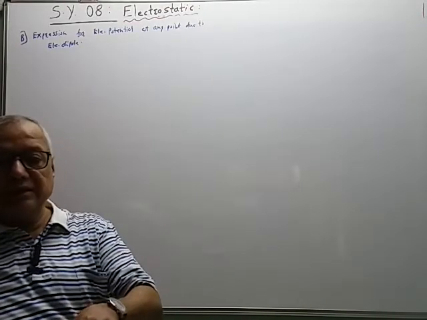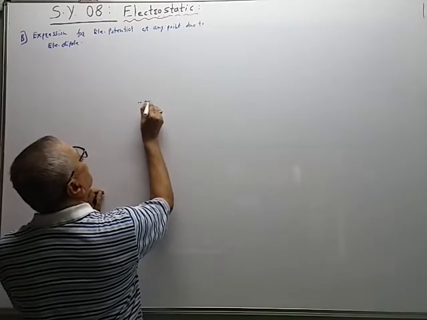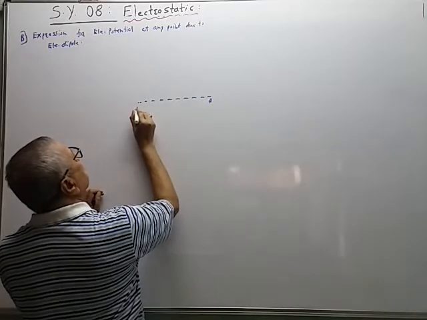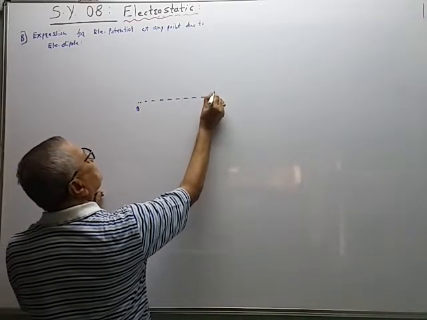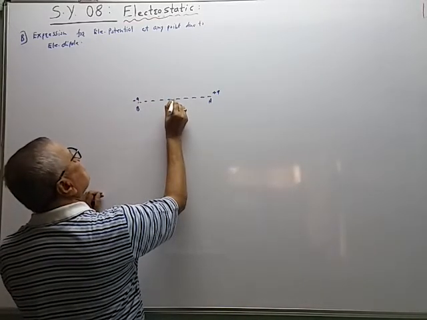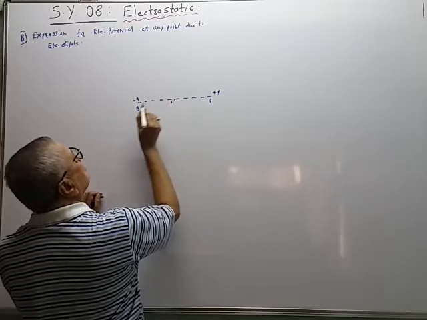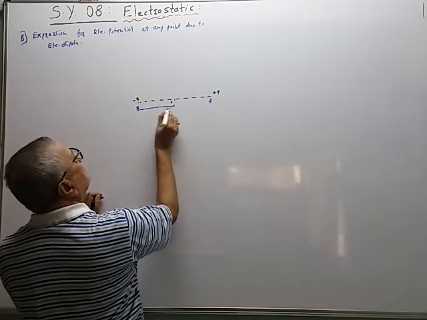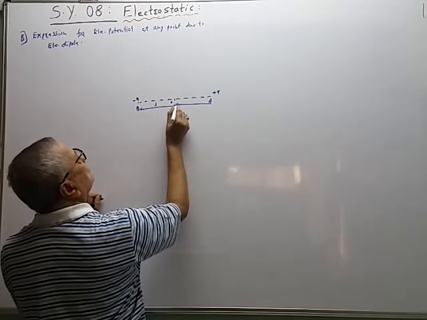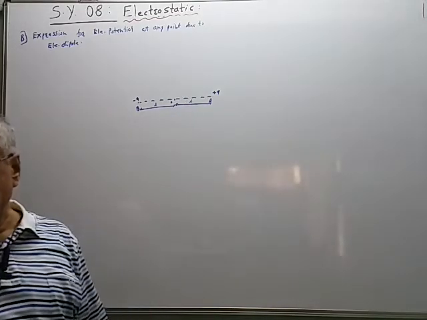So we are considering the dipole like this. Suppose this is point A, this is point B, this is charge plus Q, this is charge minus Q, this is center O. So this distance is L, this distance is also L. So total dipole length is equal to 2L, like this.